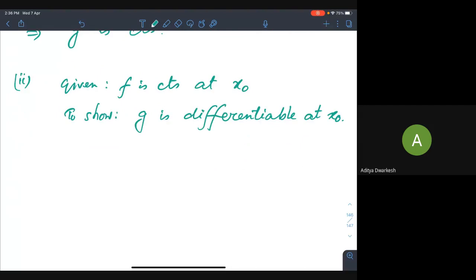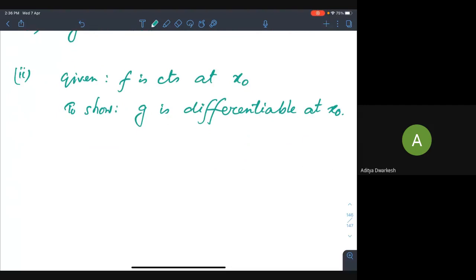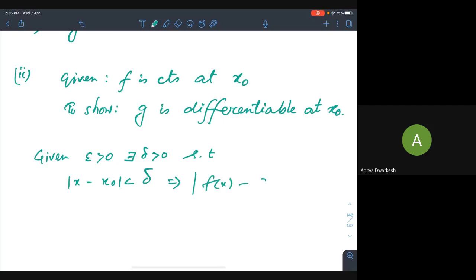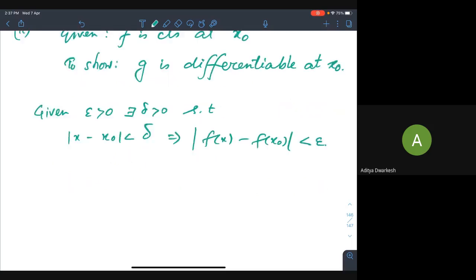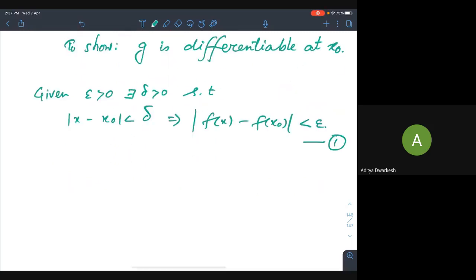So use continuity first. Since f is continuous, given epsilon greater than 0, there exists delta greater than 0 such that |x minus x naught| less than delta implies |f(x) minus f(x naught)| less than epsilon. Call it 1.